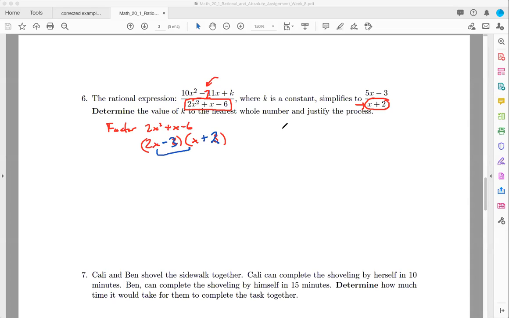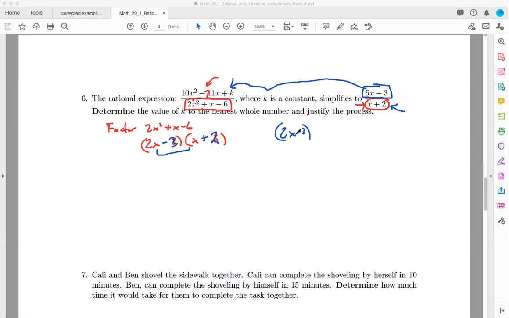Once we've factored, we know that this 2x minus 3 is the factor that was canceled out of the bottom. Can you see that it's not here anymore? So that means it must have been multiplied by this to become the original top.